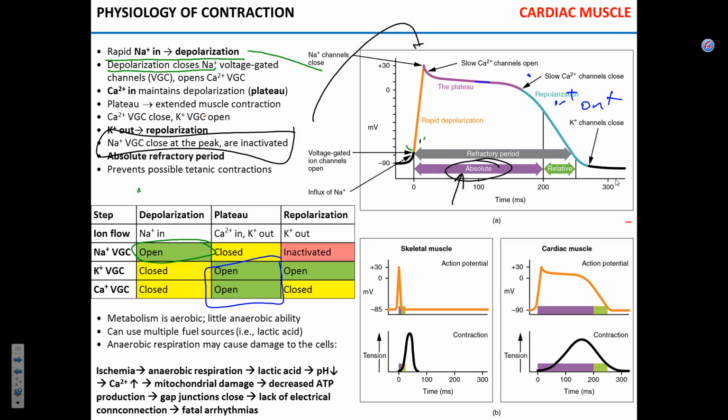Does that make sense? So this mechanism ensures that there is no tetanus. There are no tetanic contractions. This mechanism allows the cardiac muscle to maintain sort of rhythmicity of contractions.